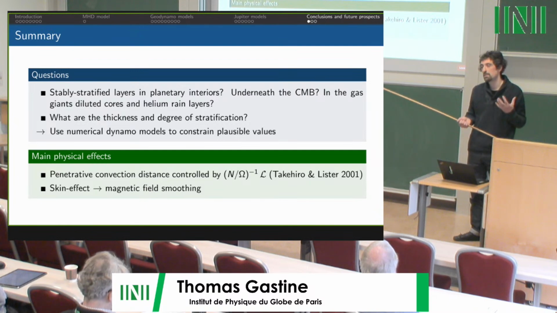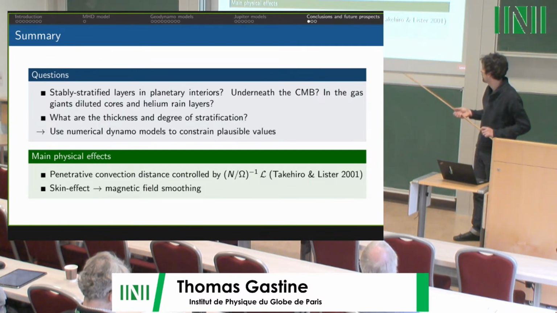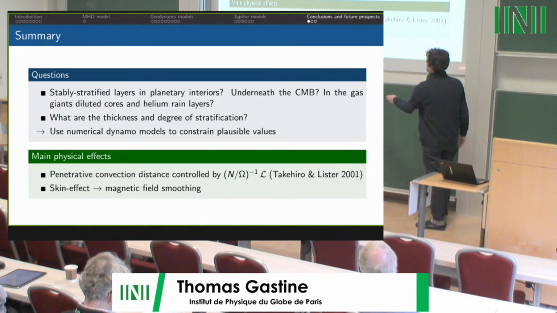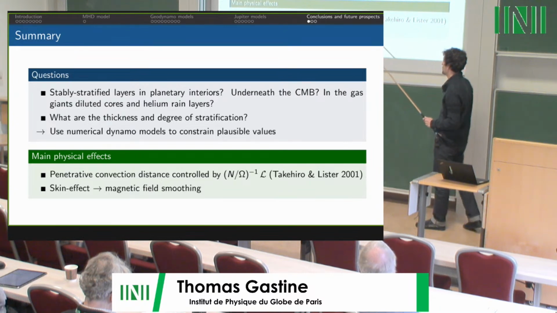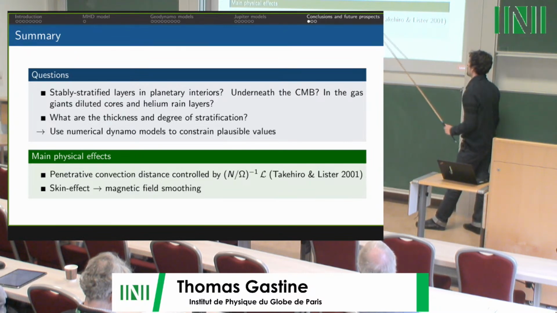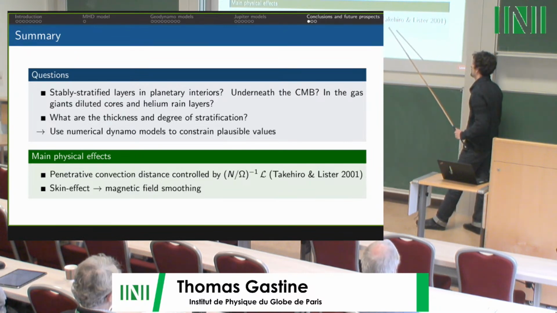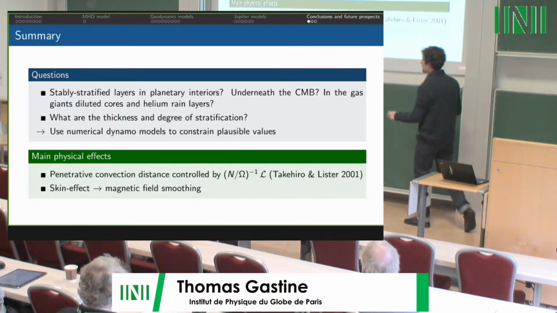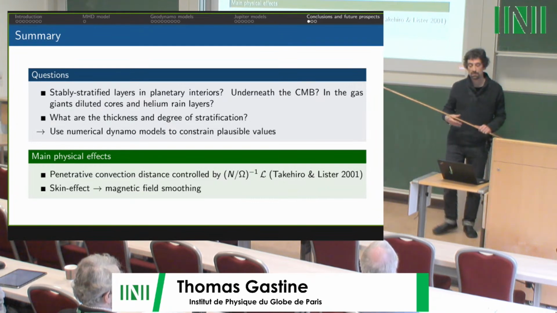And again, the two main physical effects you can anticipate by incorporating these layers, not talking about waves, are the penetrative convection phenomena, which we showed agrees very well in the numerical 3D calculation with the linear theory by Takehiro and Lister, and the smoothing of the magnetic field via skin effect.